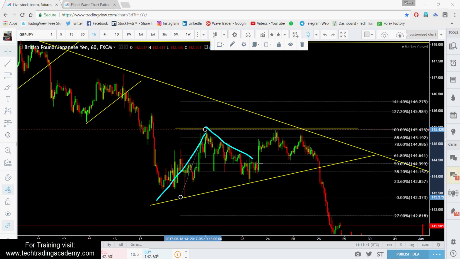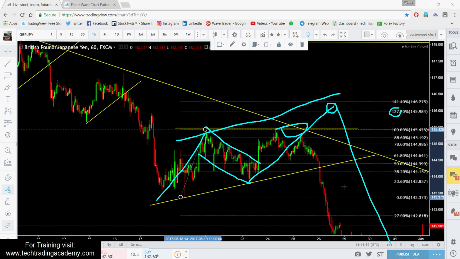Impulse, continuation formation, and price should return from 27, not from that area, should return from that 27 and should form this pattern formation to the downside.